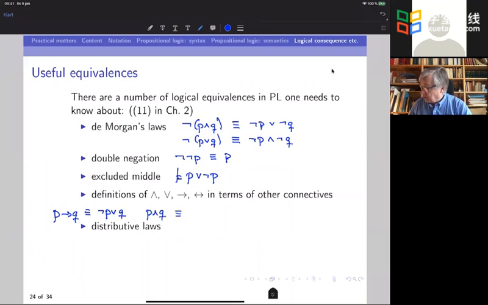The De Morgan law is about the negation of a conjunction, but if I put negation signs on both the left-hand side and the right-hand side, I get a double negation which cancels. So the result is not P or not Q. So this can be seen as a definition of conjunction in terms of negation and disjunction.